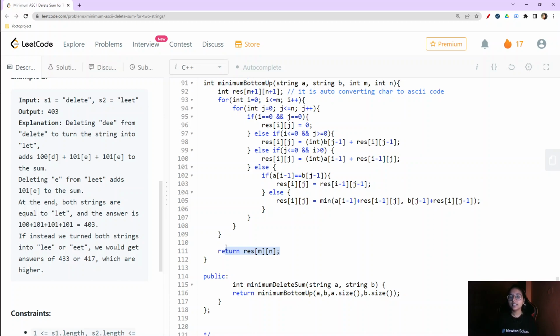The thing is that while filling this table, the end position would be the answer which is required. Meaning the minimum out of all of these selections would be directly stored at the end point, that is at the bottom right position. In LCS questions, the way we are going ahead is the same. So that's why we are choosing this particular position.